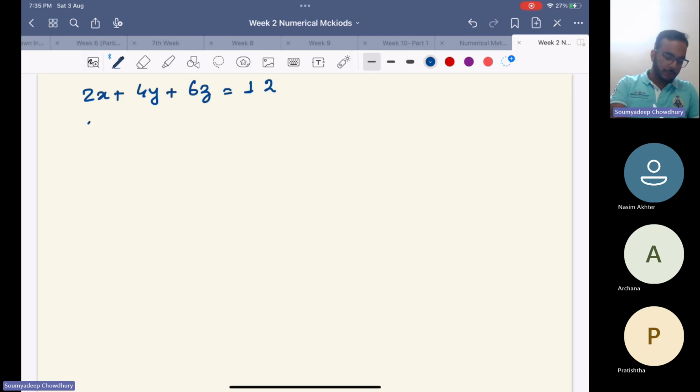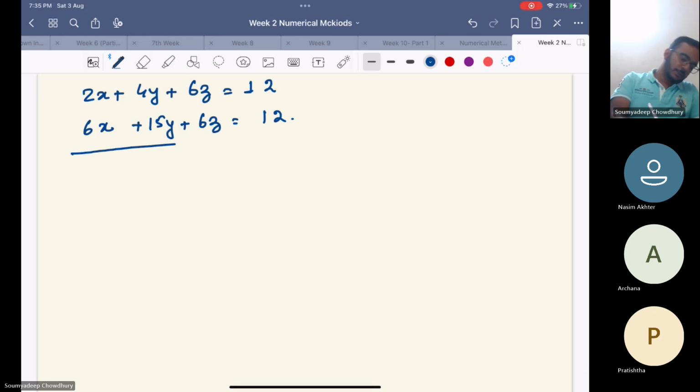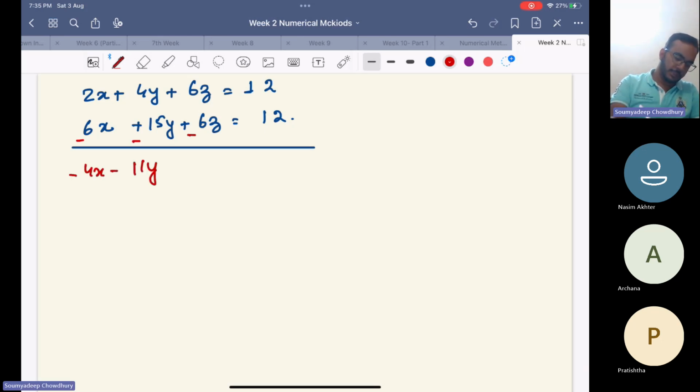And the second equation we multiplied by 3, so 6x plus 15y plus 6z equal to 12. Now if I subtract, we get minus 4x minus 11y, and z will cancel, equal to 0. So what we are basically getting is 4x plus 11y equal to 0. So this is a straight line, right?